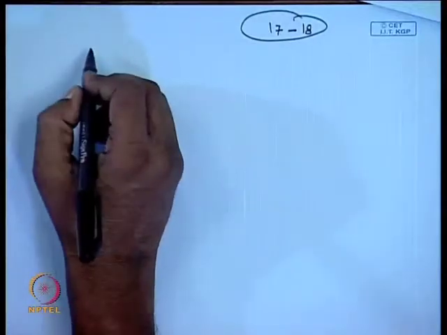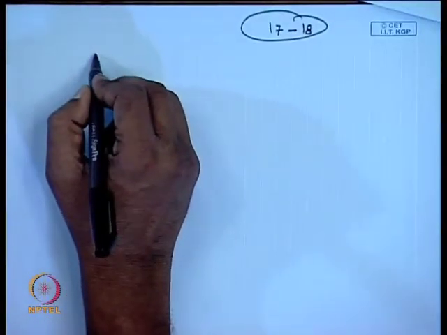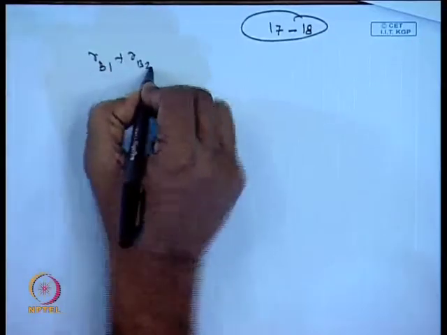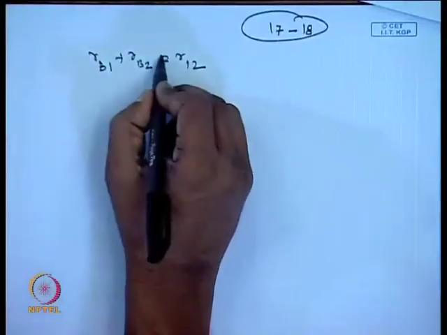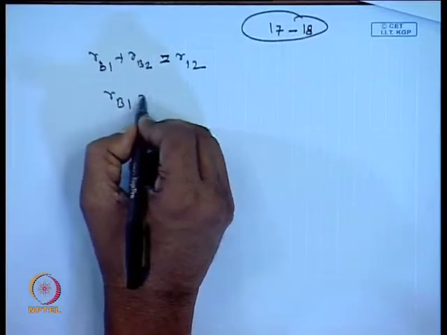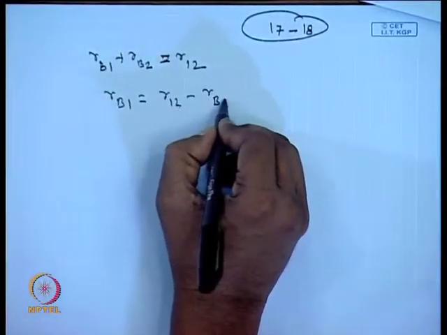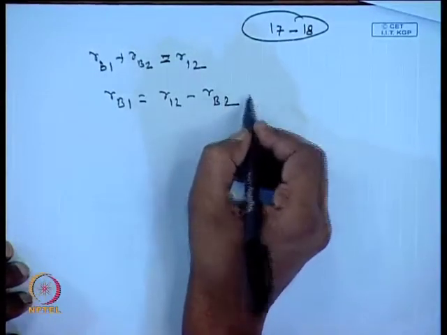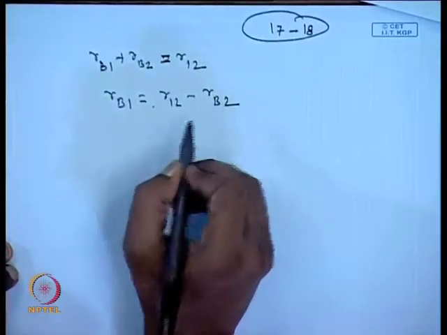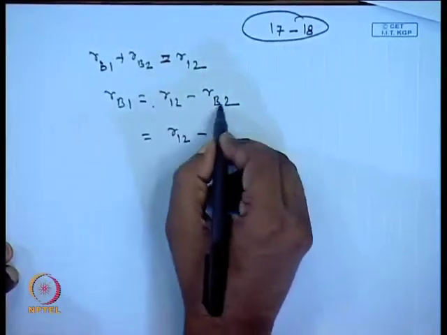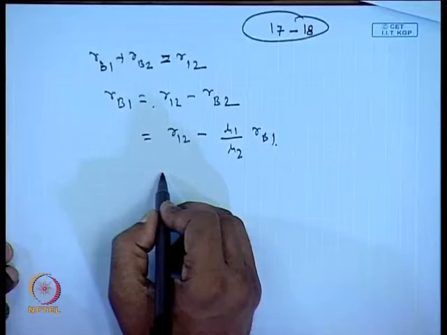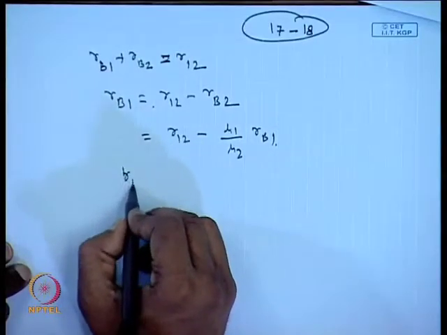Okay. Next, we utilize some of the results. We can prove that R_b1 plus R_b2, this we have already written as equal to R_12. So, from here R_b1 is equal to R_12 minus R_b2, and R_b2 again can be written as mu_1 by mu_2 times R_b1.